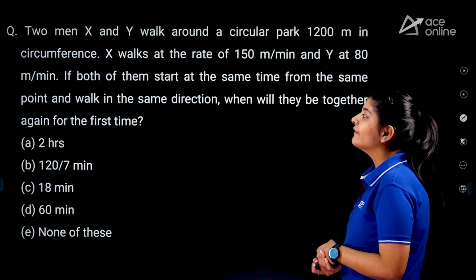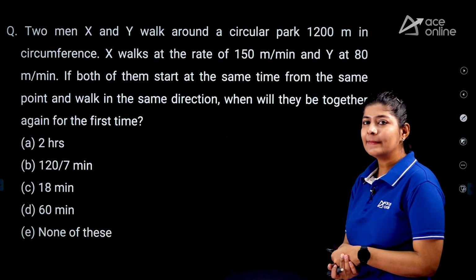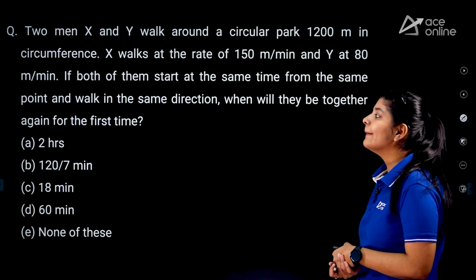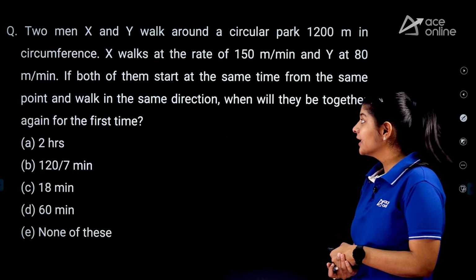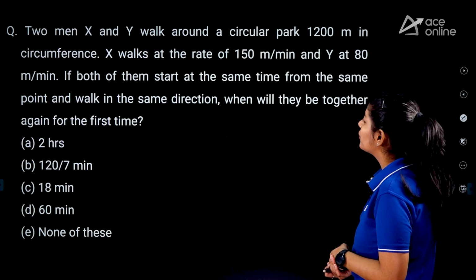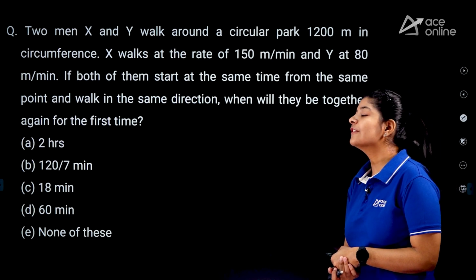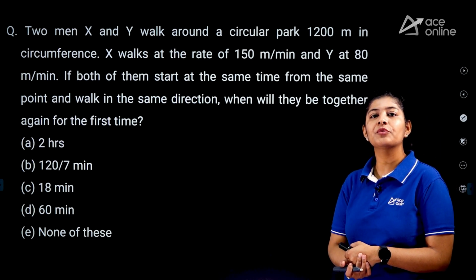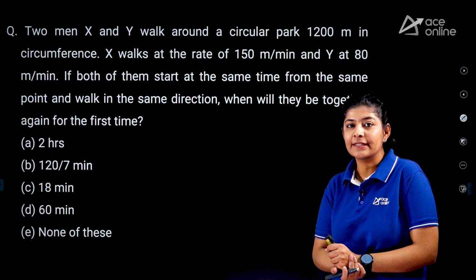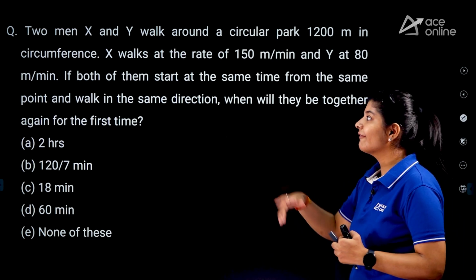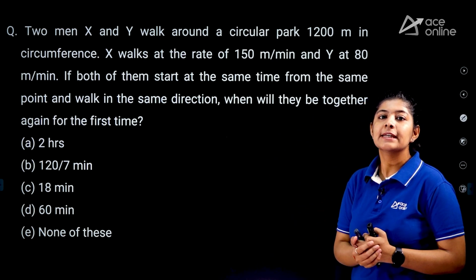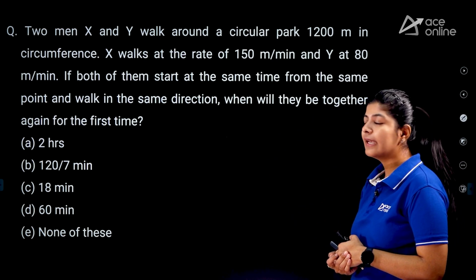If both of them start at the same time from the same point and walk in the same direction, when will they be together again for the first time? What we need to do is find out the time period when they will meet for the very first time while they are moving around this circular park, right?